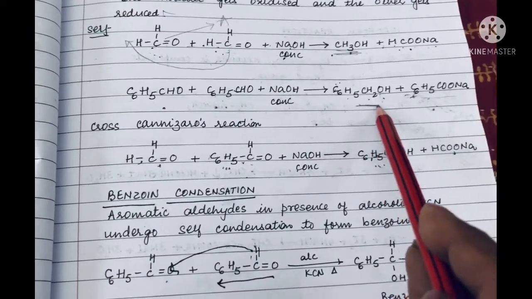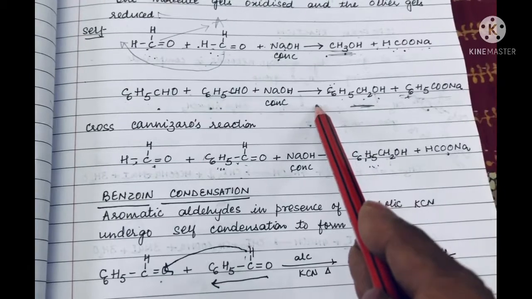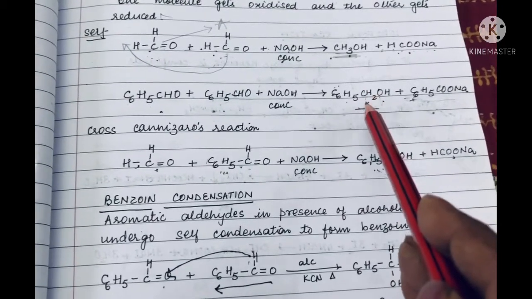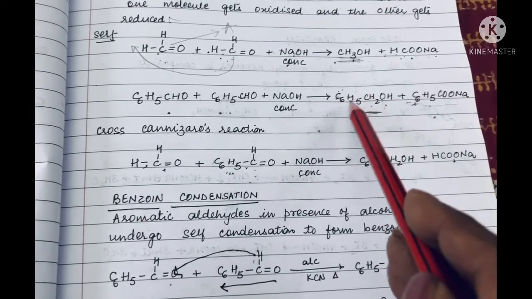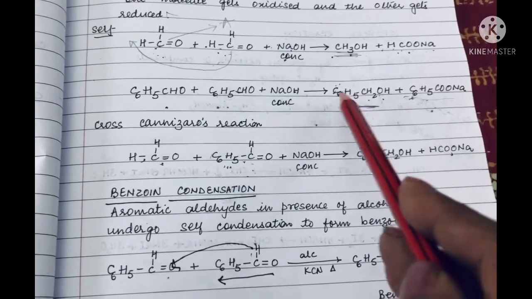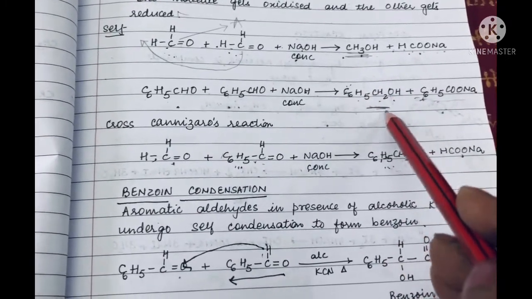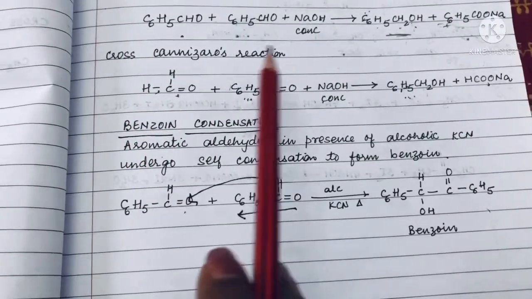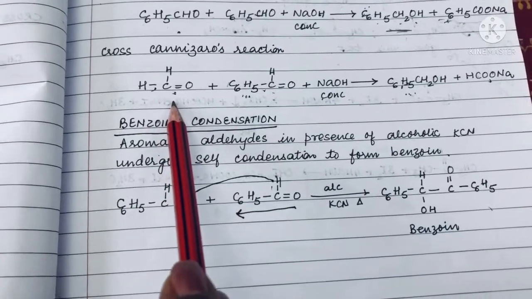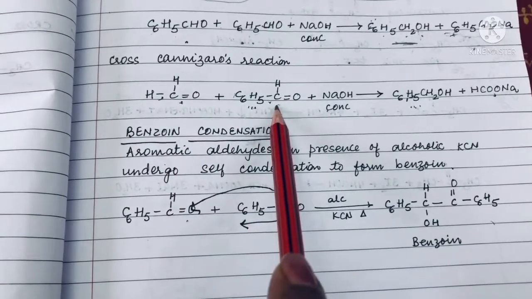Be careful that when you write an alcohol, it should be C6H5CH2OH. So this is CH2OH, not C6H5OH, which is phenol. So C6H5CH2OH alcohol is formed.